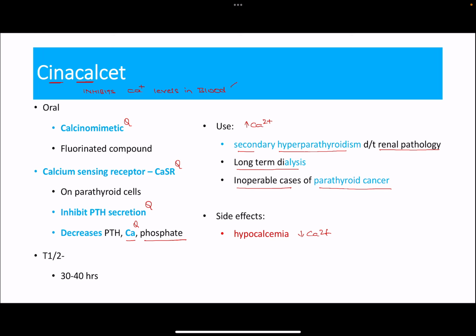That means in the blood it is going to decrease the calcium levels. Because of this, there can be a risk of tetany due to hypocalcemia.